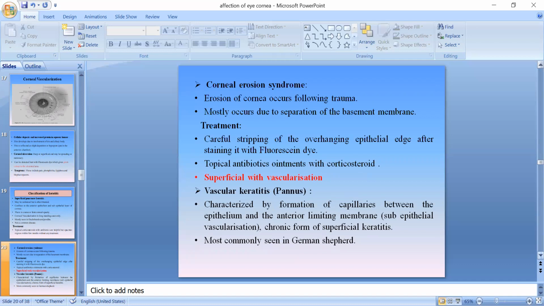Superficial vascular keratitis, that is also called pannus, is characterized by formation of capillaries between the epithelium and the anterior limiting membrane, right? Most commonly seen in German Shepherds.